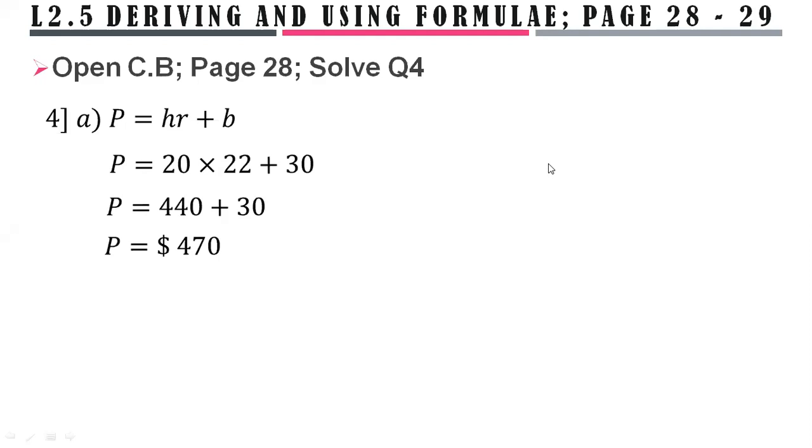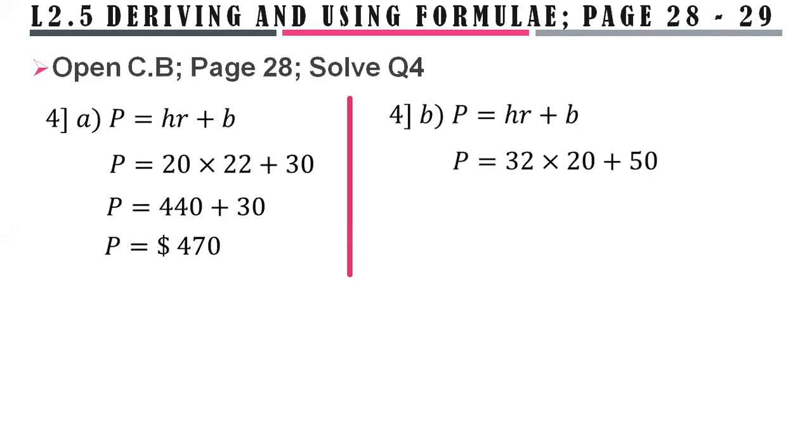Okay, so P equals 32 times 20 plus 50. Okay. 690 dollars. Okay, you added. Okay, thank you.